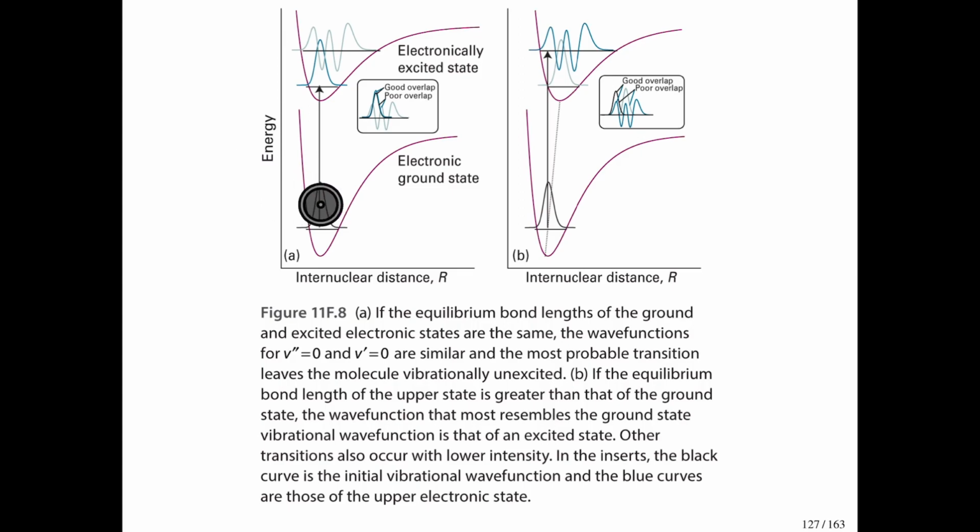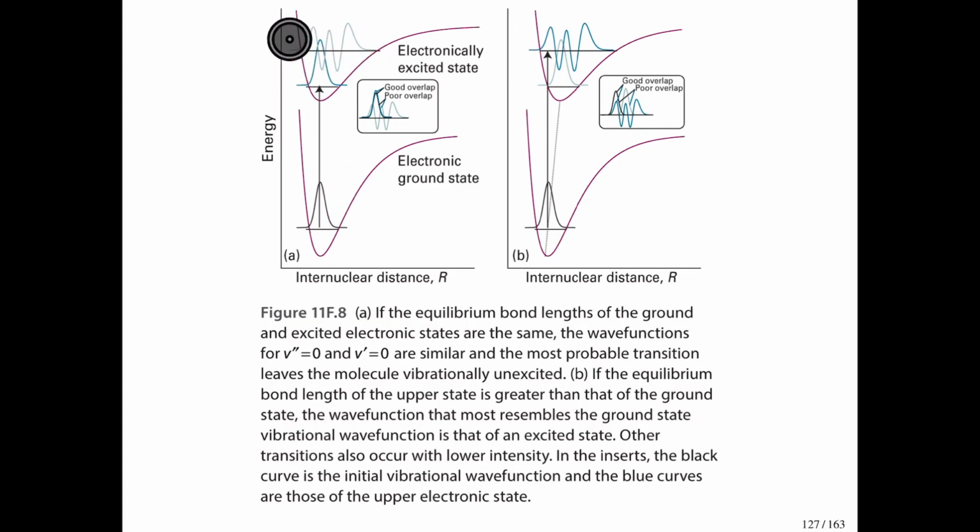Now, this wave function is not an eigenstate of the excited electronic state in general. So this isn't one of the wave functions for the excited electronic state. It's something different. In fact, it'll be a superposition of vibrational wave functions up here. And so what will happen is when you drop this wave function onto the excited state, it's going to start sloshing around.